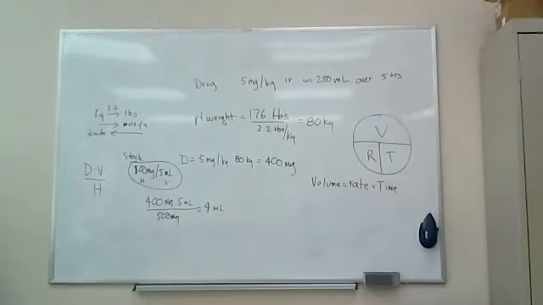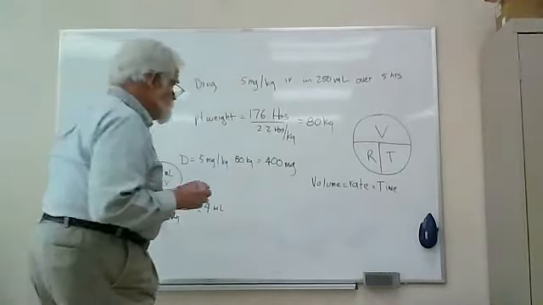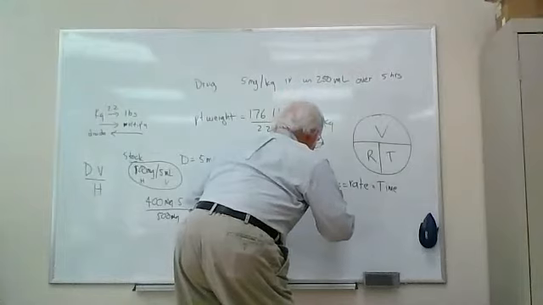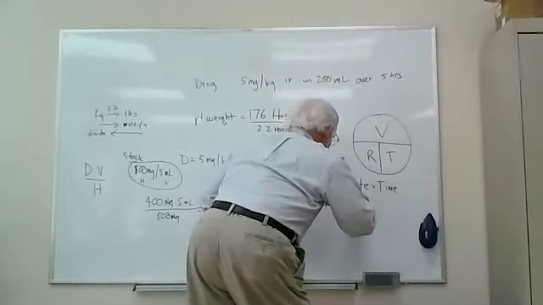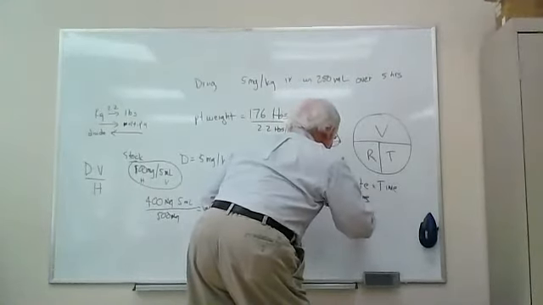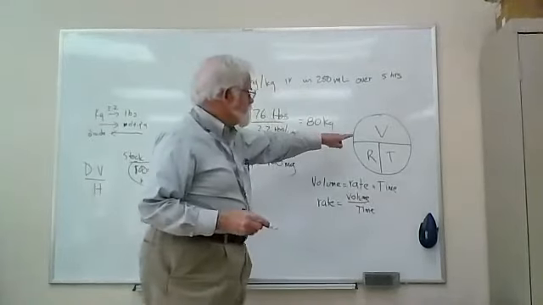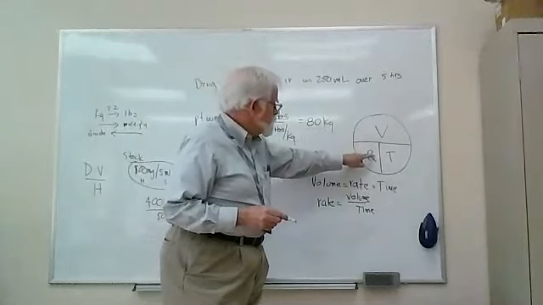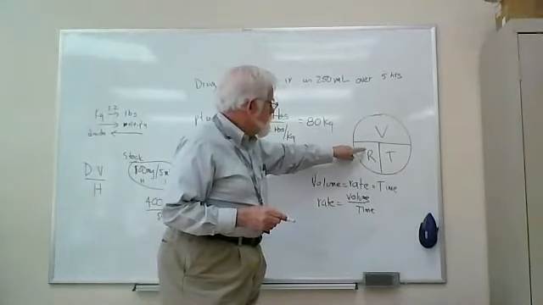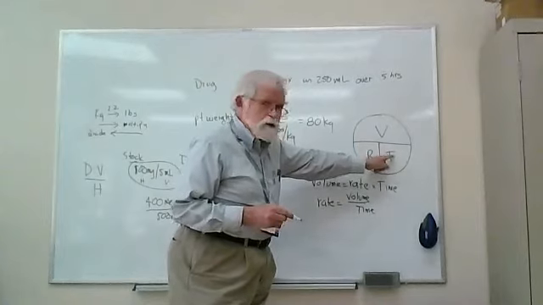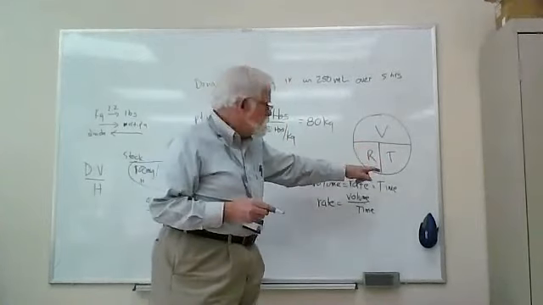Or if we know the volume and we want to know the rate, it's volume over time. So this formula, V equals R times T, R equals V over T. We can also calculate the time if we know the volume and the rate.